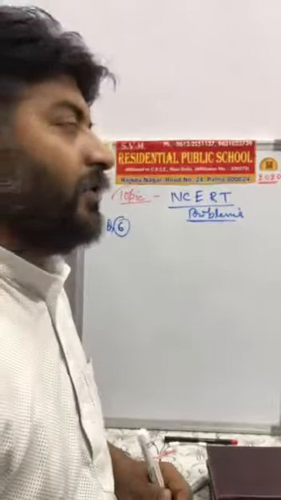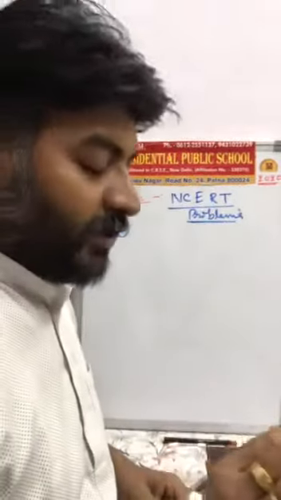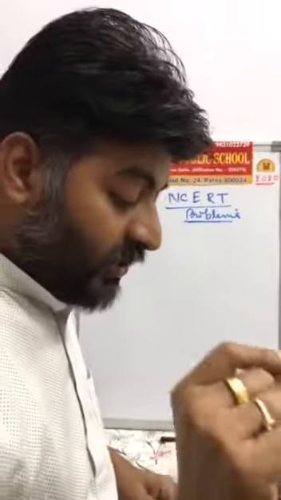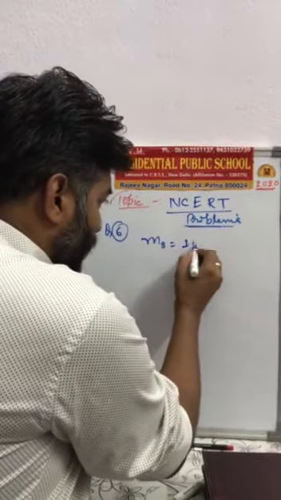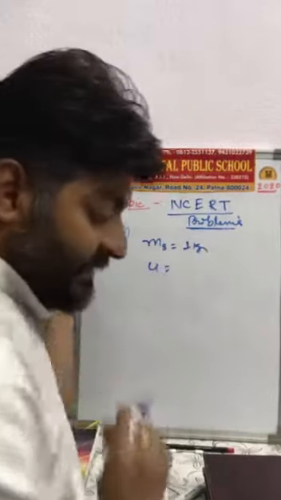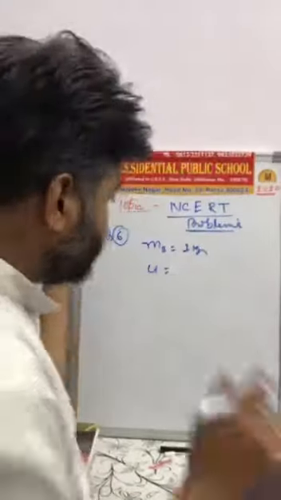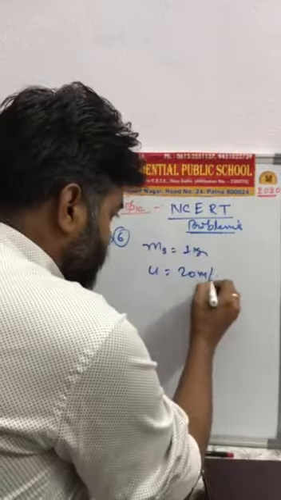Here, first of all, to solve the numerical, we should write all the given things. The mass of the stone is 1 kg and its initial velocity u is 20 meter per second.